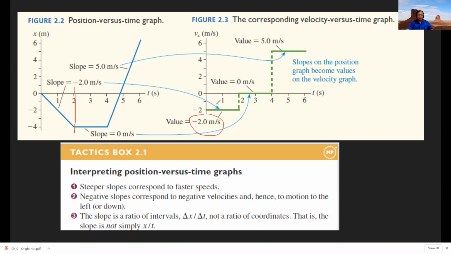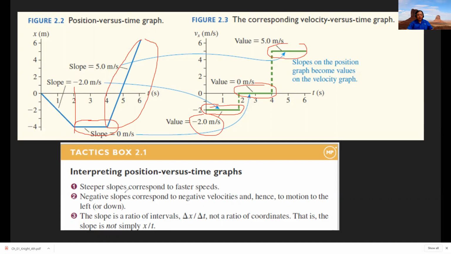Hence, you draw the slope as a horizontal line at -2 in the velocity-time graph. From 2 to 4 seconds, it's horizontal, so 0 slope, so 0 here in the velocity. And in the third interval, it is now positive, so +5 meters per second if you compute the slope of this.